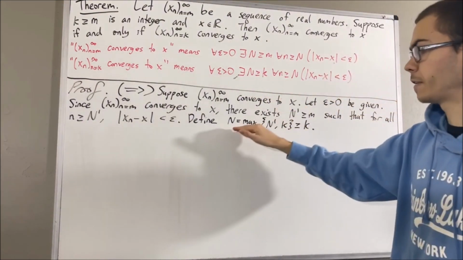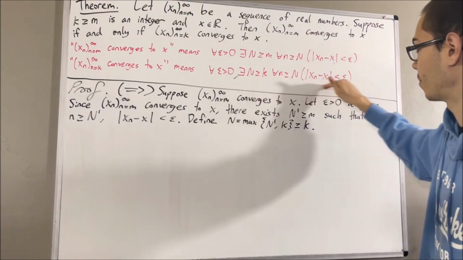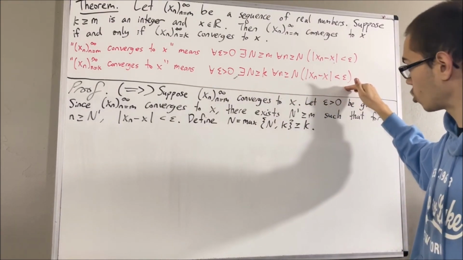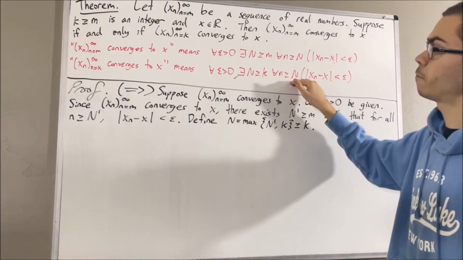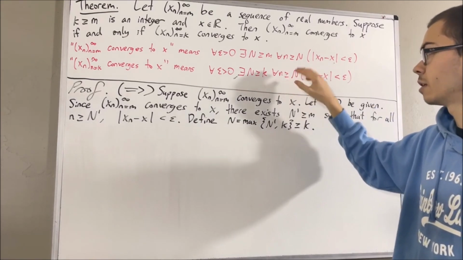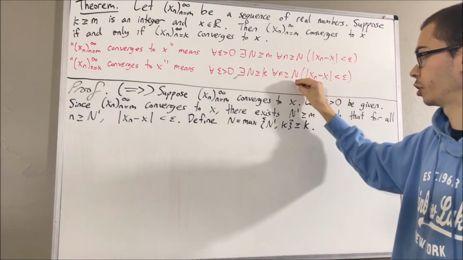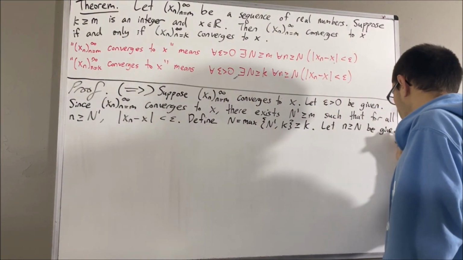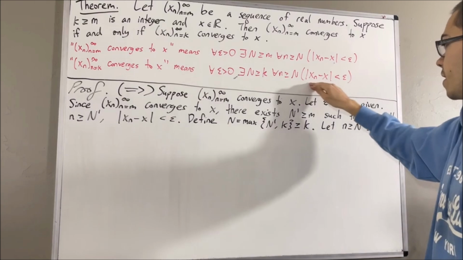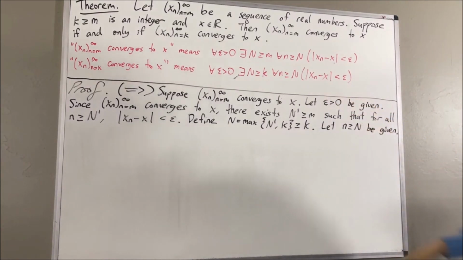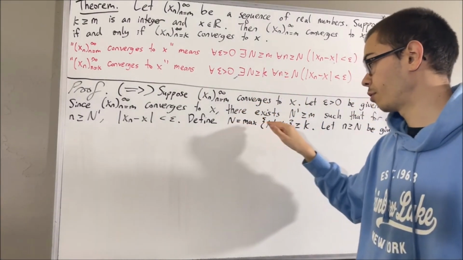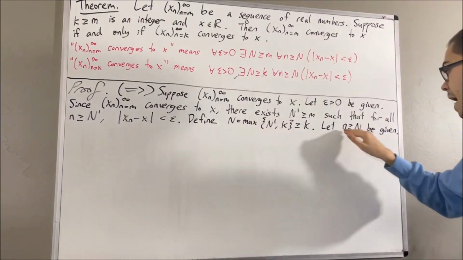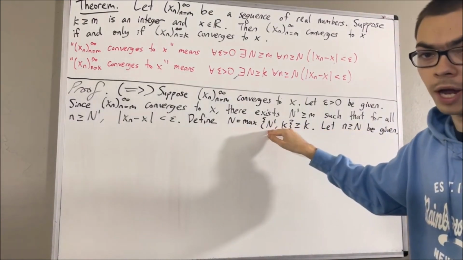So with this choice of capital N, we proceed to show that this statement is true. And since we're trying to prove a statement about every integer greater than or equal to capital N, let's give ourselves an arbitrary integer greater than or equal to capital N. Call it n. From here, we want to show that this inequality is true. Well, since capital N is greater than or equal to capital N prime, certainly n is greater than or equal to capital N prime.